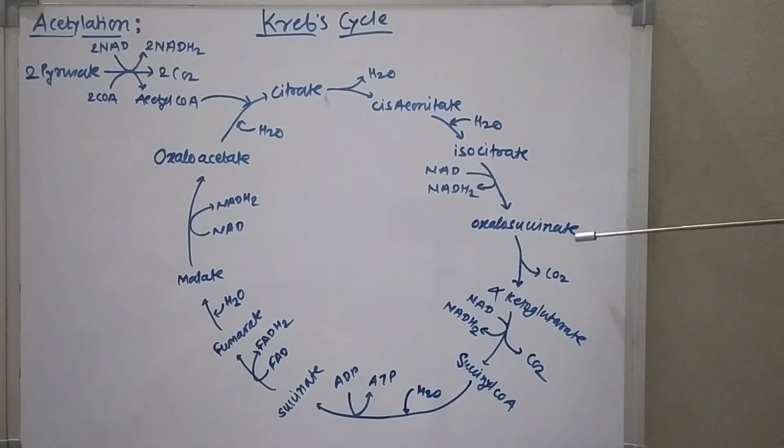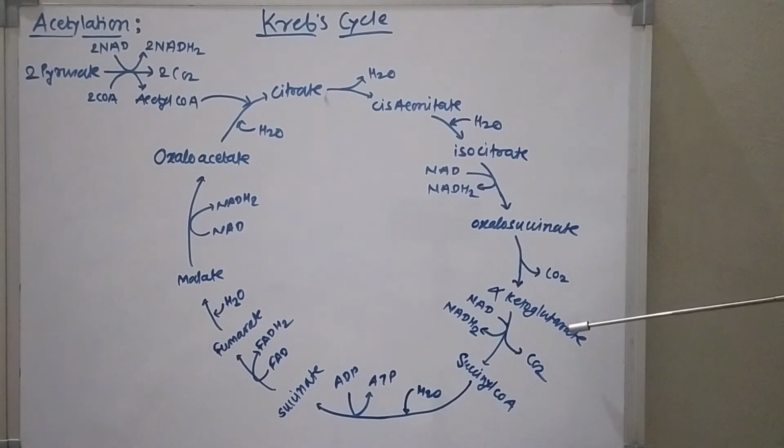Now, the oxalosuccinate by decarboxylation, meaning removal of CO2, is converted into alpha ketoglutarate, which is the only 5-carbon compound in the Krebs cycle.